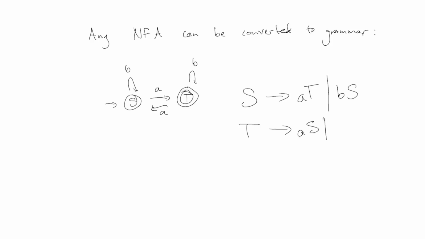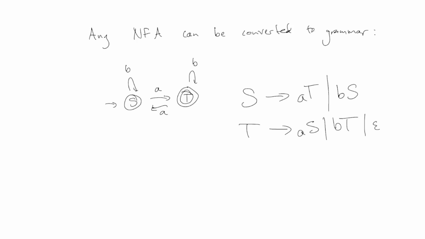And I also have T staying where it is with a B, which means T goes to BT. And T is an accepting state, which means I put or epsilon on that one, because the grammar derivation can actually finish if we're in state T. So it's a very simple, direct translation of the NFA into a grammar.